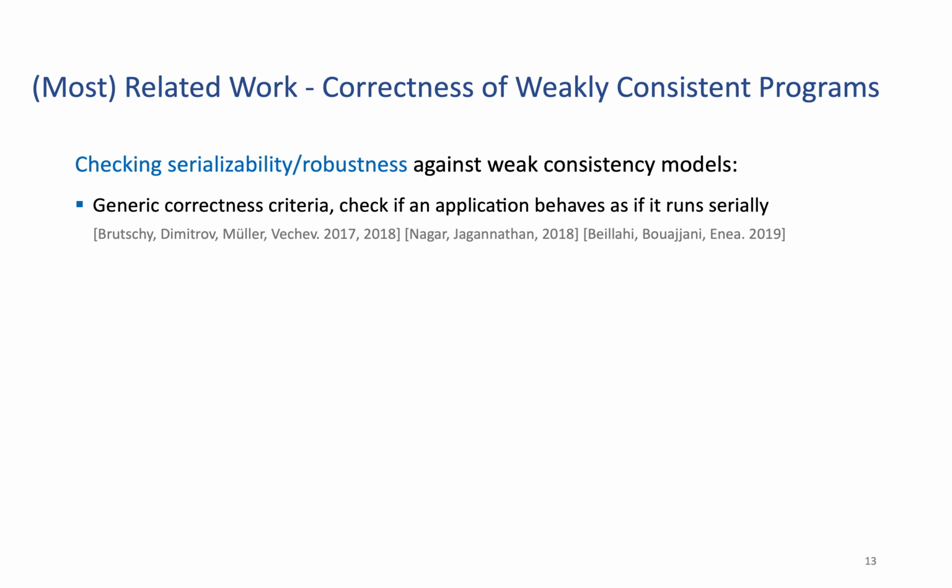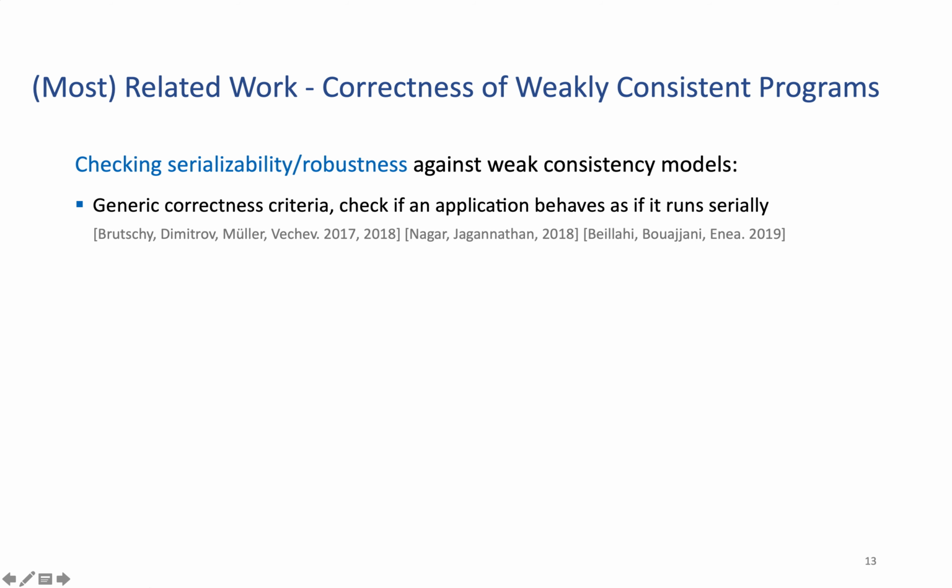There is a lot of work on weakly consistent systems, but here I focus on the correctness of weakly consistent programs. The most related work for checking correctness of programs is related to checking serializability or robustness. A program is robust if all program behaviors are serializable, even if they are executed on a weaker consistency model.